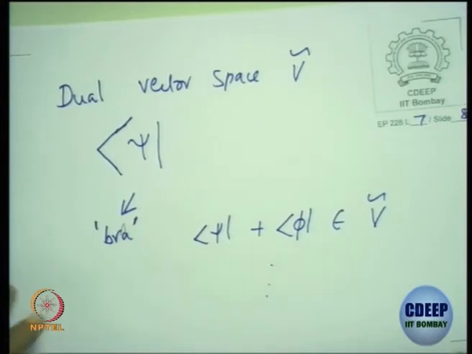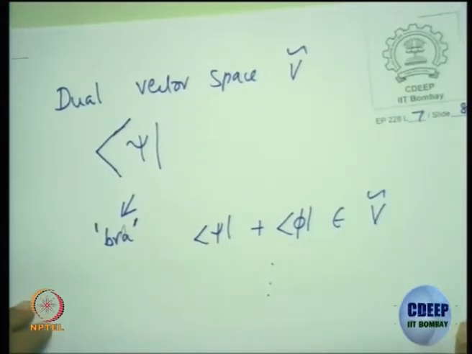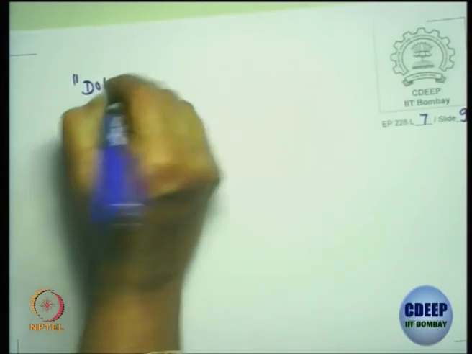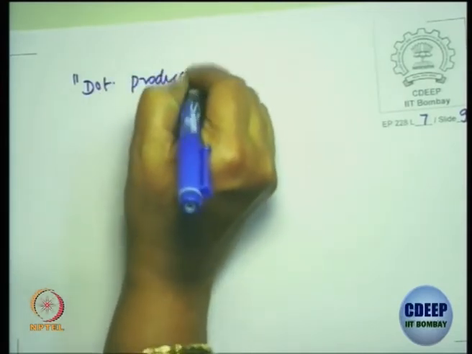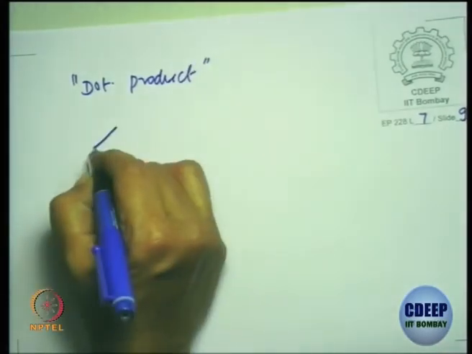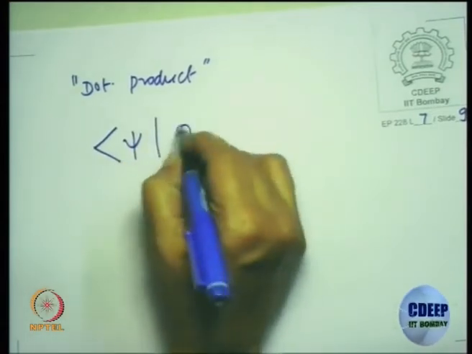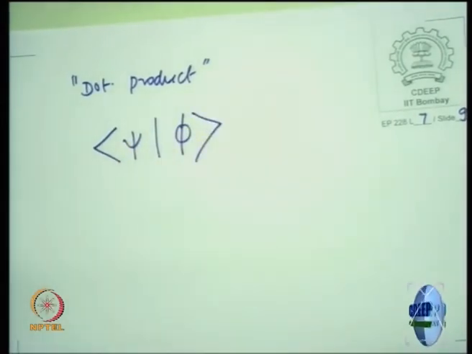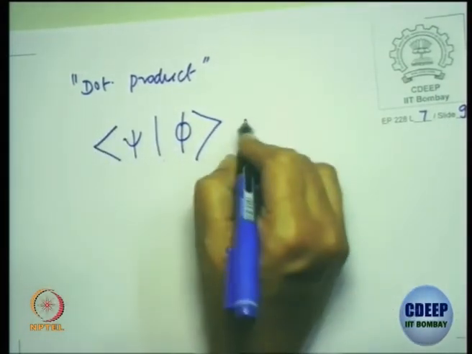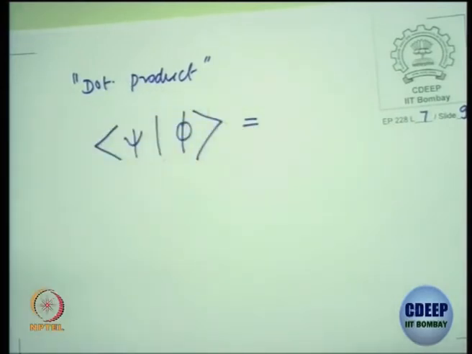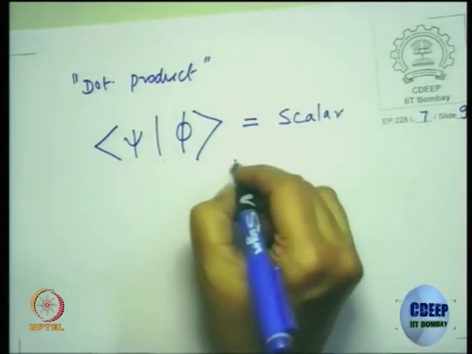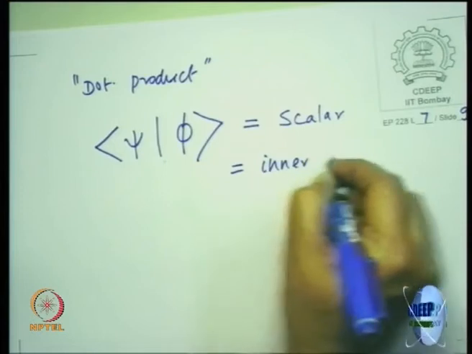With this notation we can define an inner product, the quote unquote dot product which we studied in R3. We could write psi with phi, a ket contracted with the bra. This is supposed to be like a dot product which will give you a scalar, and this is sometimes called an inner product.